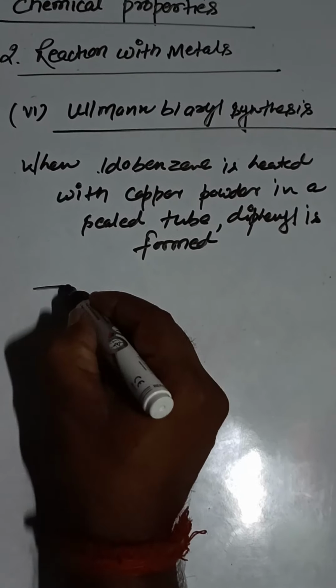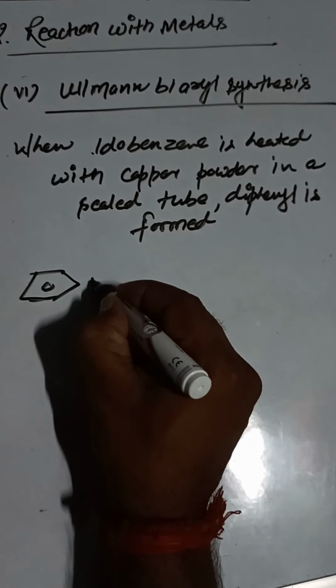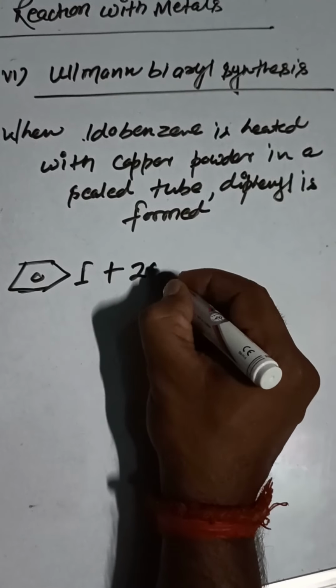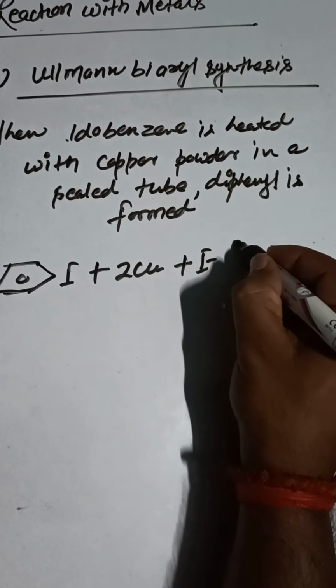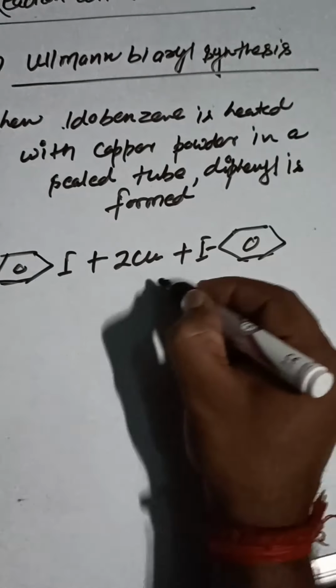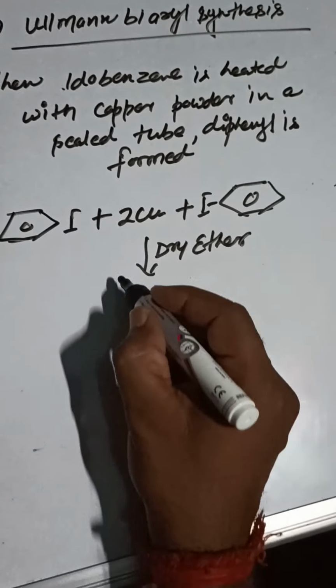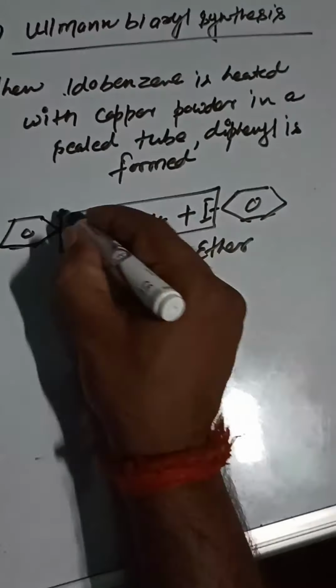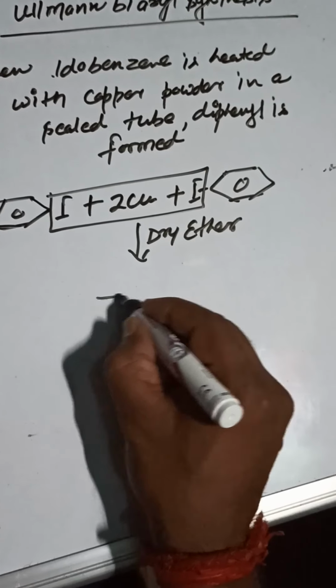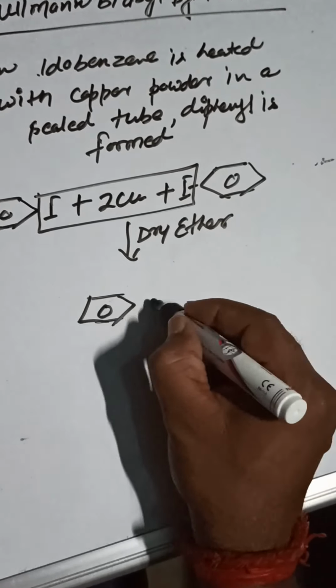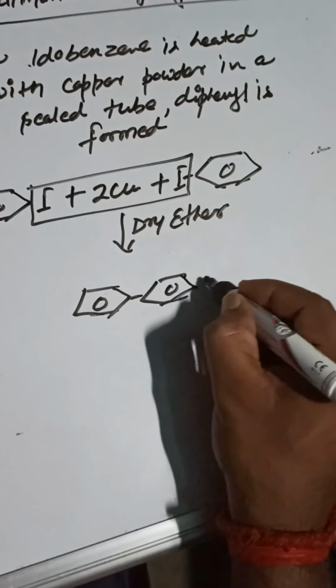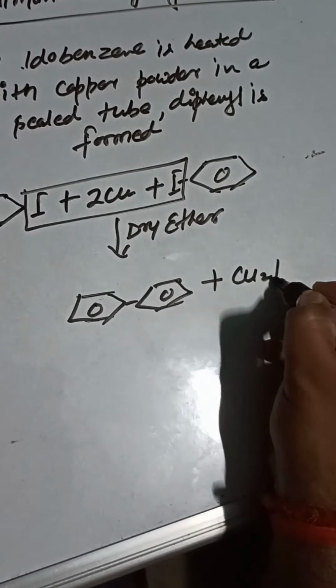So in this case, we are taking iodobenzene plus copper powder. Then what will happen? In the presence of dry ether, the iodine is abstracted by copper, then we get biphenyl and Cu2I2 is formed.